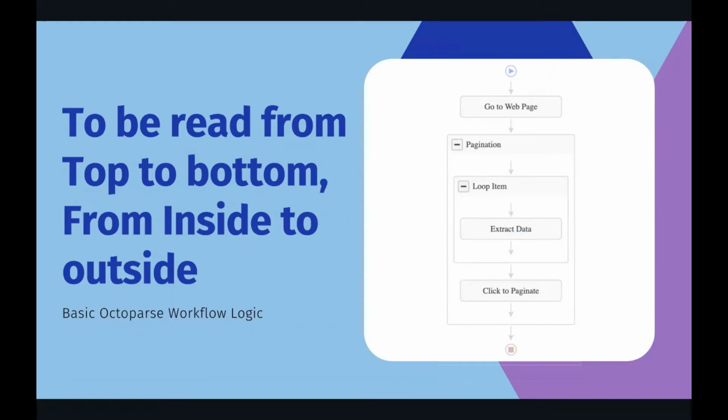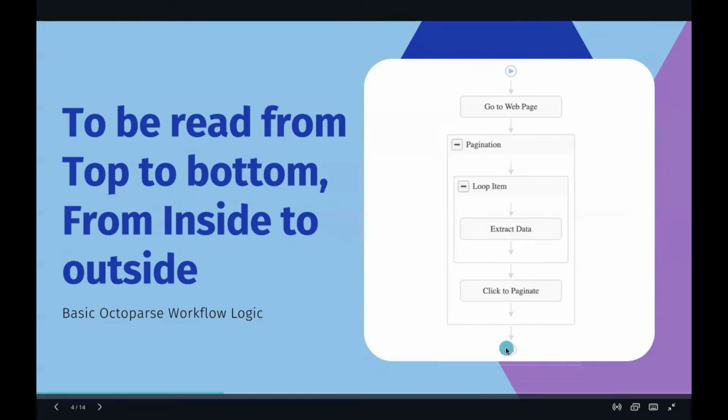After Octopus has extracted everything from this list on the first page, it will follow the instruction to click to paginate, meaning to click on the next page button, and then within this nest, start to extract data on the second page, and so on. Click the next page until the workflow gets to the last page, so there is no more next page button, and then the workflow will end.